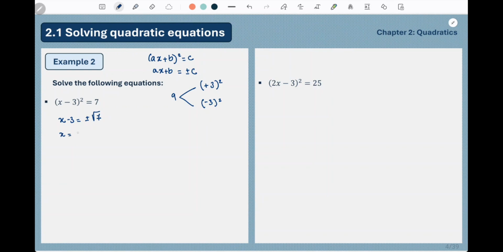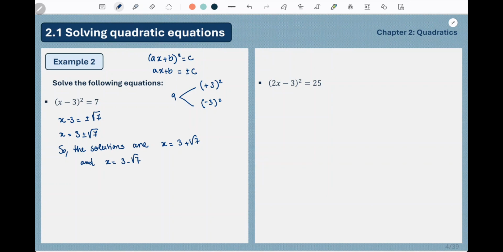So solving this, 3 moves to the other side, so it becomes 3 plus or minus square root of 7. So the solutions are x equal to 3 plus square root of 7 and x equal to 3 minus square root of 7.